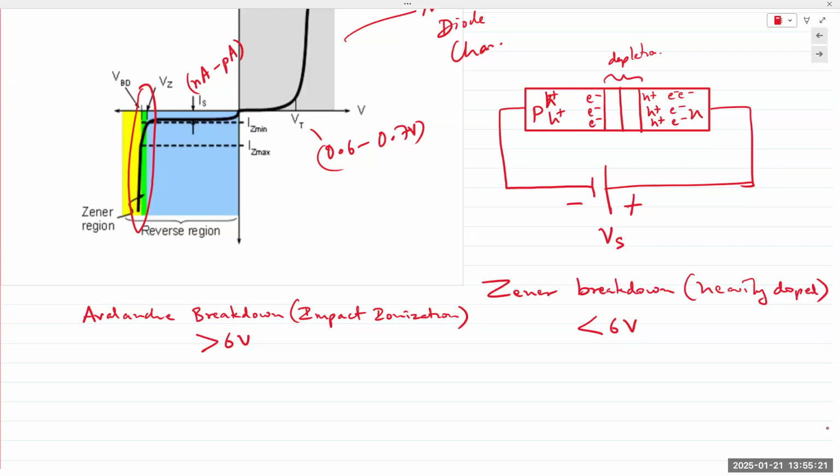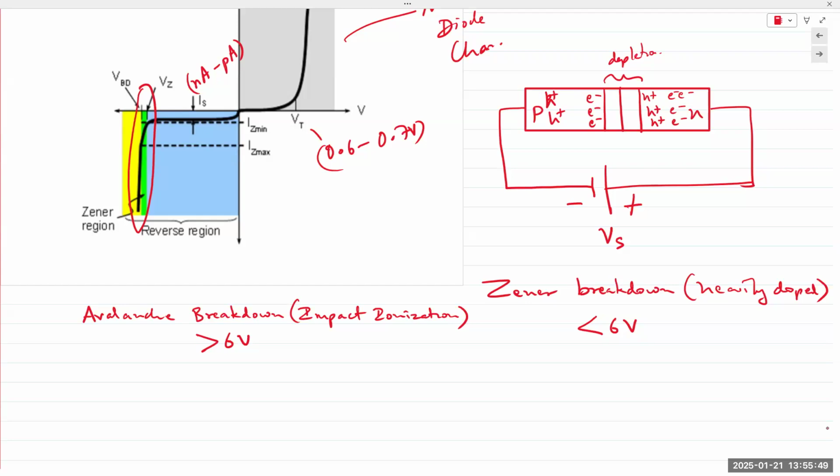But the avalanche breakdown is a result of impacts, collisions. It creates more ionized atoms. Hence, the process is known as impact ionization. It's a cascading effect like an avalanche, and hence it is known as an avalanche breakdown. These two mechanisms are separate and distinct.